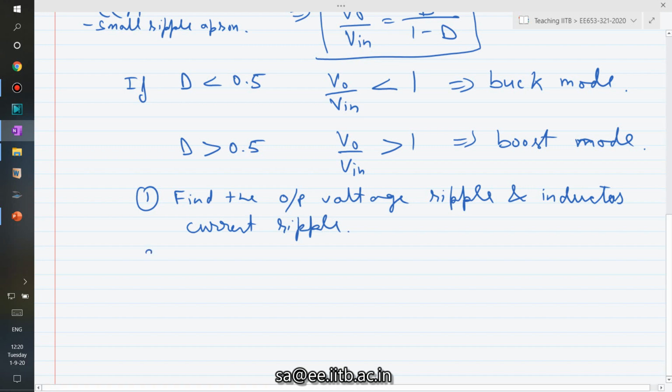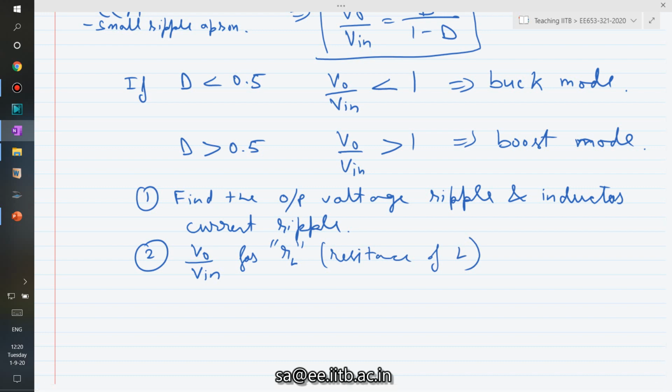Then the second thing is, I want you to find the output voltage upon input voltage for an inductor resistance RL, right? So with RL included, go ahead, find the expression for VO by Vin the way we have found it for the boost converter.